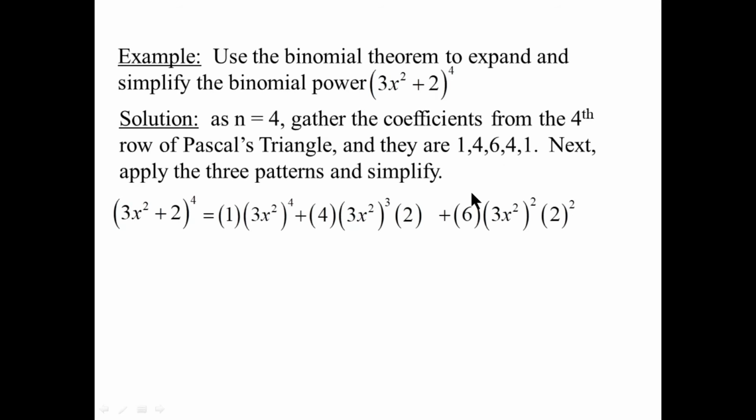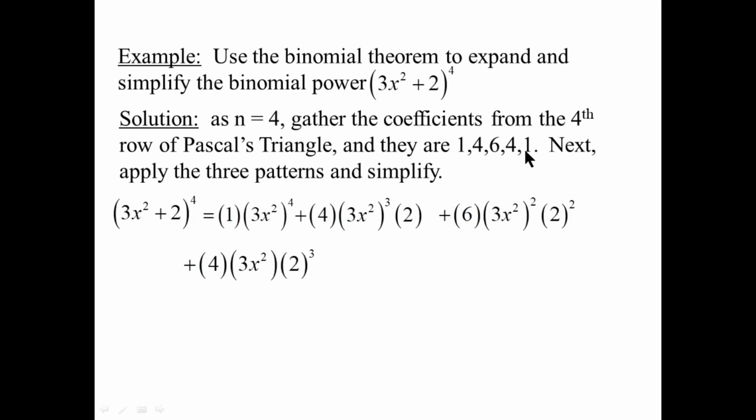The next coefficient is this 4, so it will be plus 4 times 3x squared to the 4, 3x squared to the 3, 3x squared to the 2. Now it's 3x squared to the 1. And let's look at the 2's. 2 to the 0, 2 to the 1, 2 to the 2. This is now 2 to the 3. All multiplied with brackets. Without the brackets, things can go wrong. So put brackets on them.